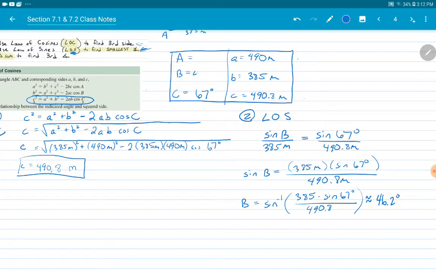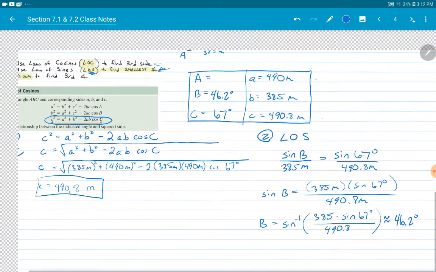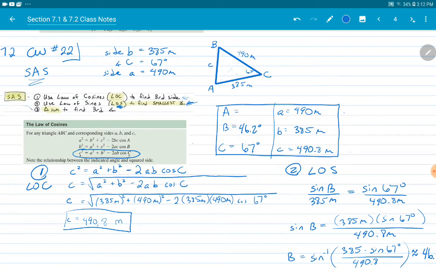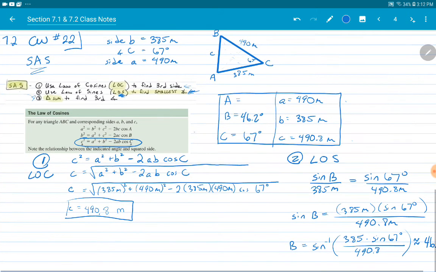That gives me 46.2 degrees, and that brings me to the third step of finding that third angle with the triangle sum. Step 3: the triangle sum theorem says all three of those angles add up to 180. So if I start with 180 and subtract off the two that I know, I should be left with that third angle.